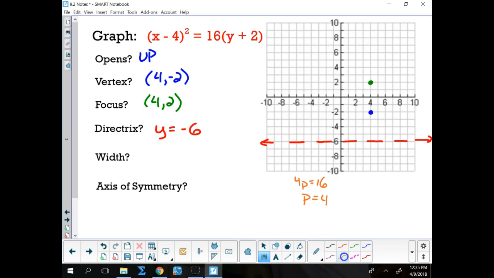How wide is our parabola through the focus? 16. So that's 8 and 8, right?